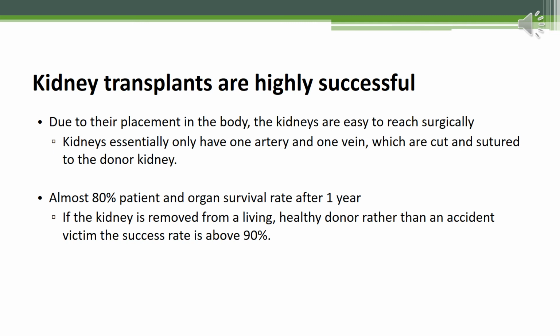Kidneys essentially only have one artery and one vein, which can be easily cut and sutured to the donor kidney. And there's an almost 80% patient and organ survival rate after 1 year, which sounds a little low, but I guess we'll take that statistic. If the kidney is removed from a living, healthy donor, however, rather than an accident victim, the success rate is above 90%.